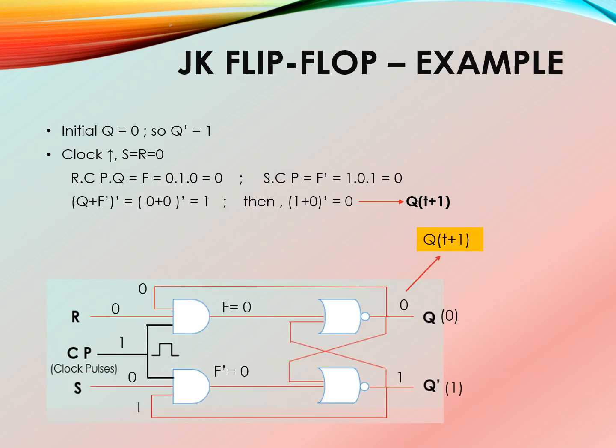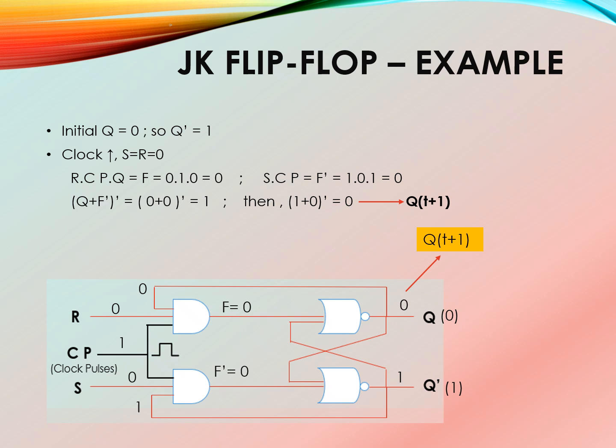Let's go through an example. Suppose Q equal to 0 and Q prime equal to 1 initially. If both J and K are 0 when the clock pulse occurs, the state remains unchanged. That means when R equal to 0, clock pulse equal to 0 and Q equal to 0, so 0, 0 and 1 will be 0, which remains in F. In the next, S equal to 0, Q prime equal to 1 and clock pulse is 1, so 1, 0 and 1 will be 0 in the AND gates, which remains in F prime.